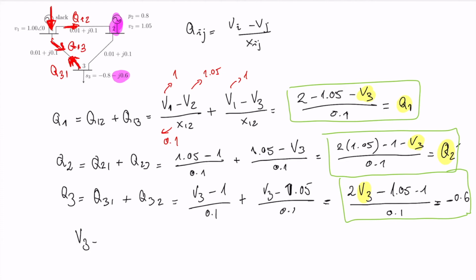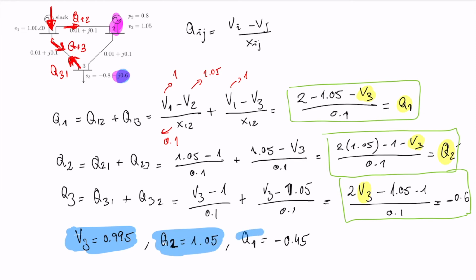In this case, B3 is equal to 0.995, Q2 is equal to 1.05, and Q1 is equal to minus 0.45. Okay, this is very close to 1, so as expected, Q2 is something positive and Q1 is negative. So it means that this slack bus, this generator, is absorbing some reactive power.